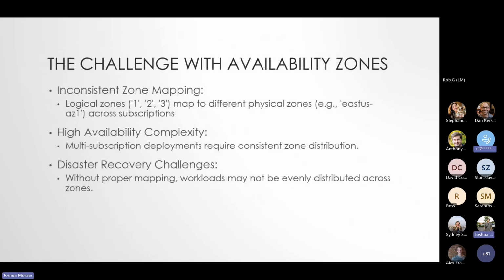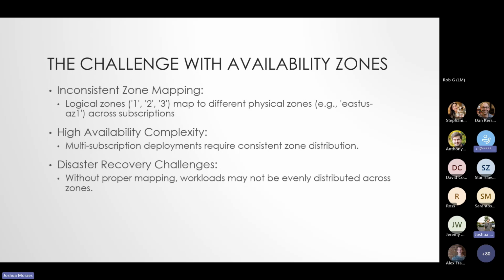So, just the general background and the challenge with availability zones is that they have inconsistent zone mapping. Logical zones are numeric codes like 1, 2, 3, for example, that map to different physical zones across regions for Azure services, and each region may have different zone mapping.